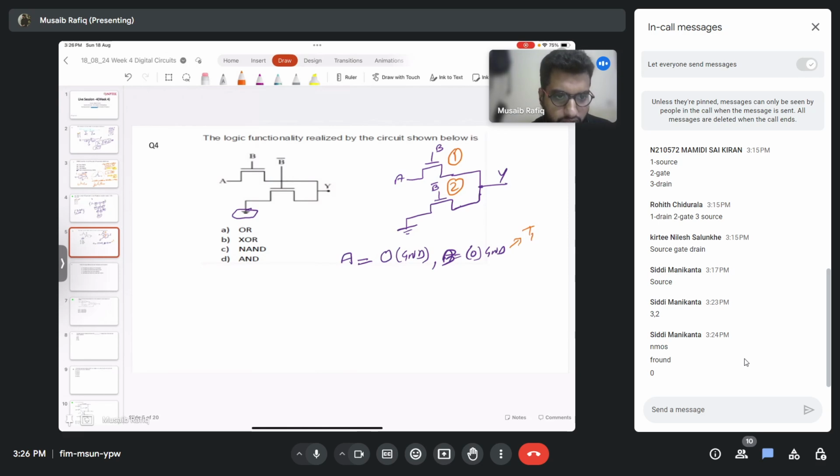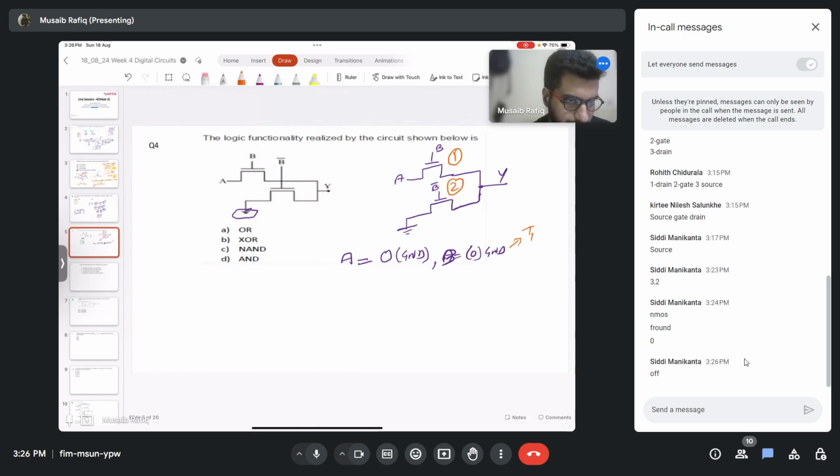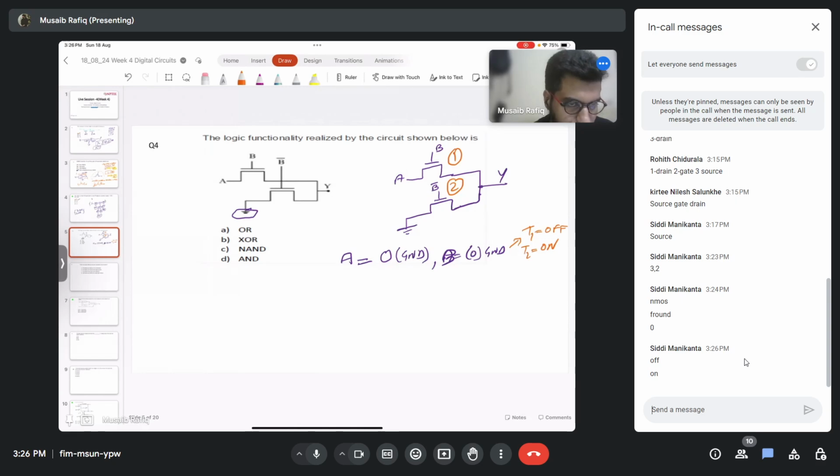Yes, it's off. And what about T2? On, correct. And as a result, my Y will be connected to ground through this path.